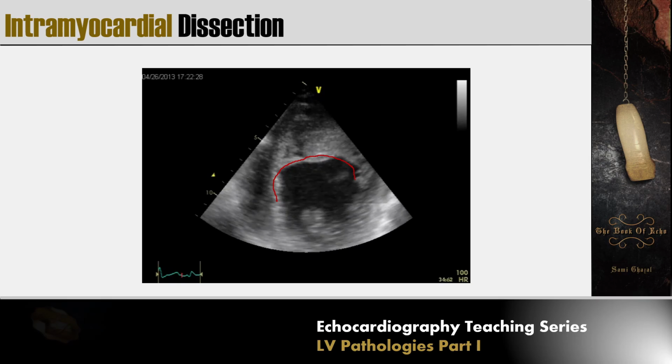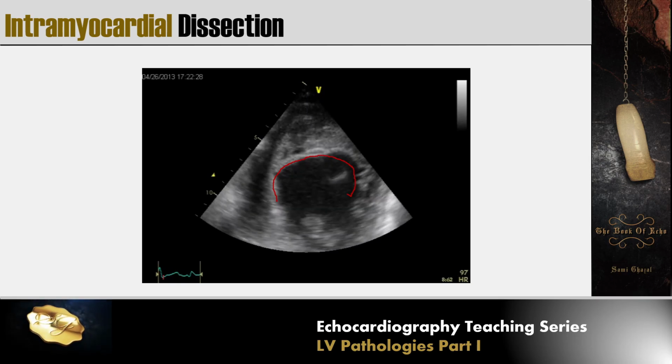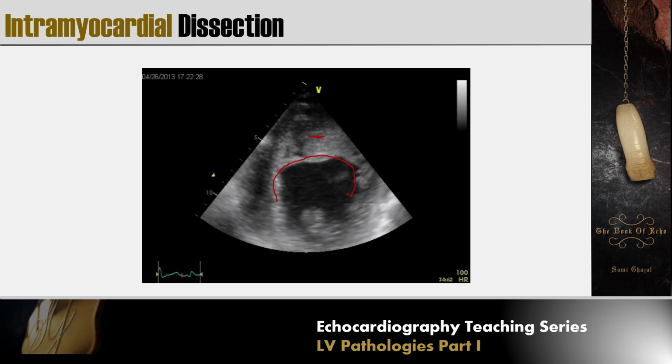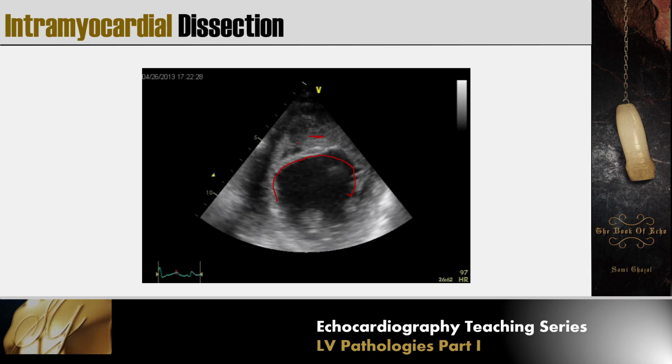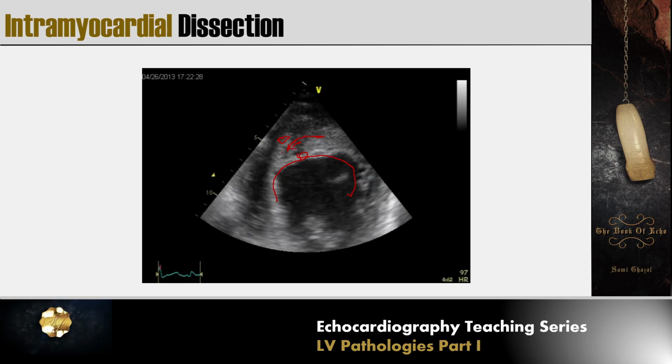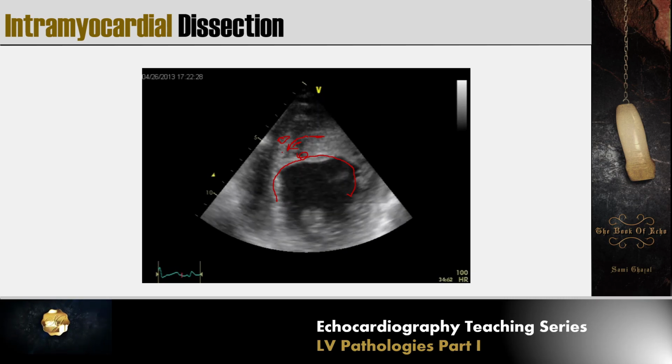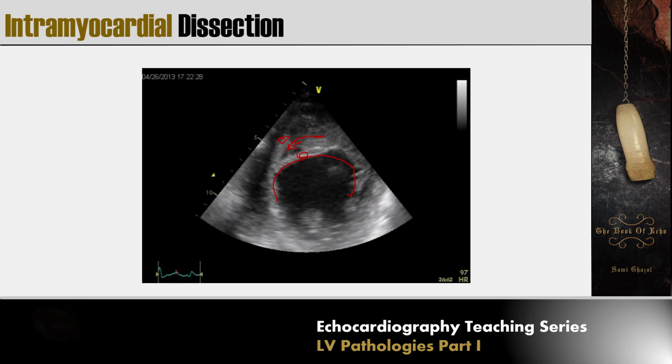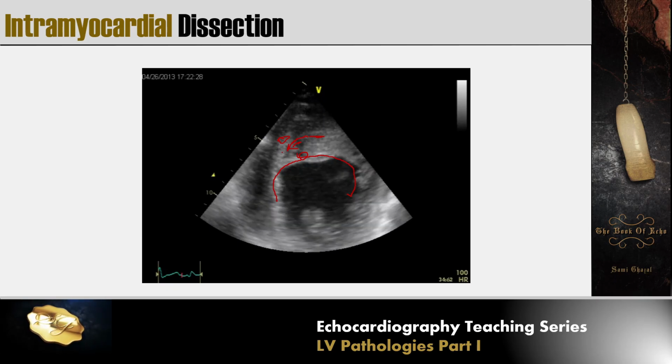See, you can see it, and there is a hematoma here that cuts this myocardium into half. So this part and this part are sliced into half here. Look here, you will see it sliced into two parts. So this is myocardial dissection.